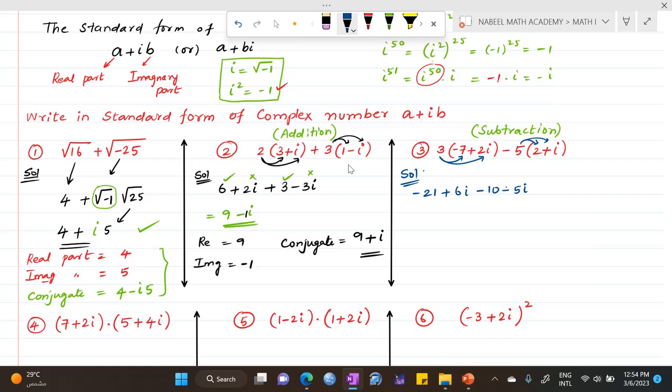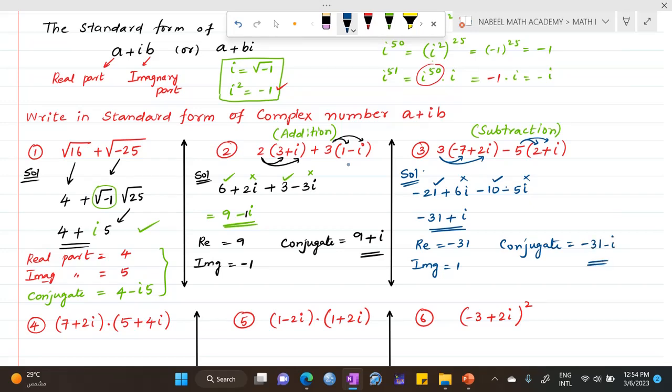Now add the real with the real part. So you will get minus 31, and the imaginary with the imaginary part, which is equal to plus i. So the real part is minus 31, the imaginary part is plus 1, and for the conjugate you just have to change the sign: minus 31 minus i.